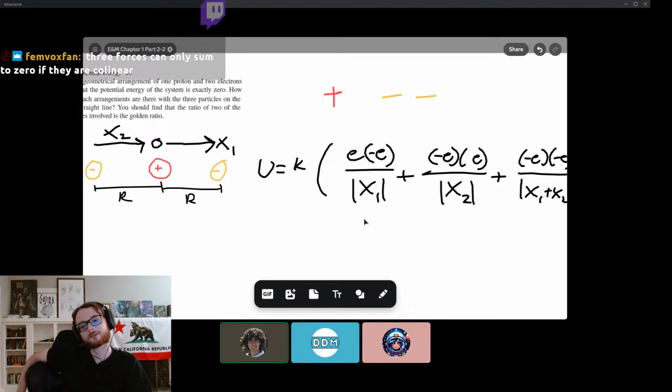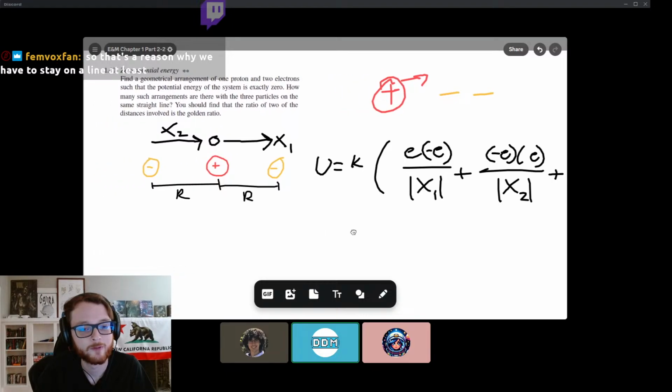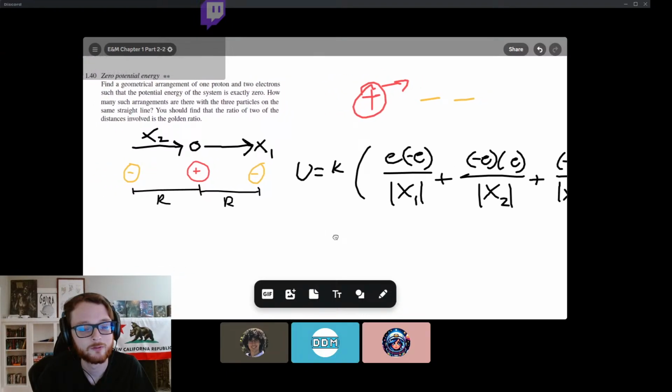I don't know what the yellows are going to do, but I know the red is going that way. I guess the middle yellow will get pushed into the red. Okay. I guess the forces can only sum to zero if they're collinear. Oh, that's fair. Yeah, vectors wouldn't work out otherwise.